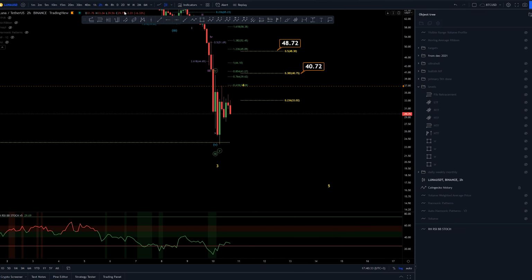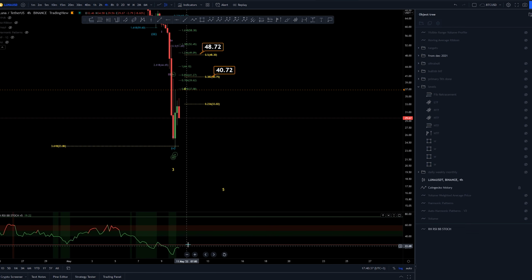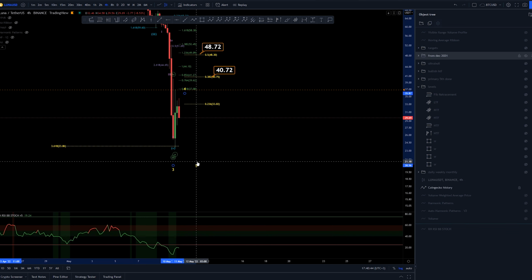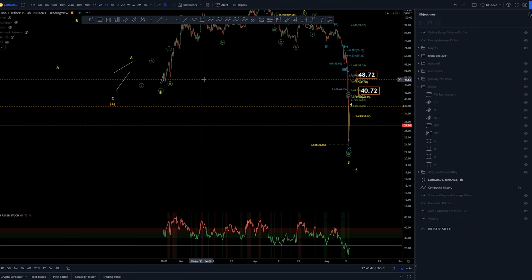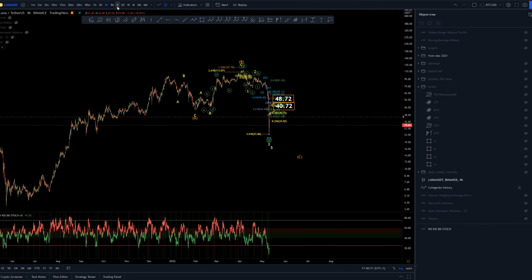So we would actually be getting one more low on price, and RSI should be getting a lower high for this to be the 5th, and that would end the dump in here.